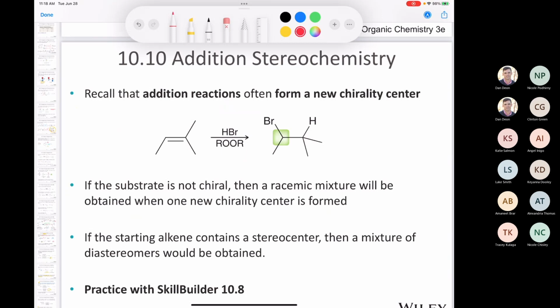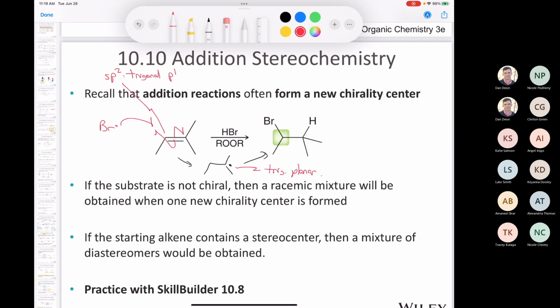We said, okay, if you have the bromine radical, and it adds at the least substituted carbon, like this, I think by now everybody knows that when you end up with this radical, it is treated as if it's trigonal planar. So that means the hydrogen abstraction can occur from either side, and that doesn't even produce a stereocenter. But as far as the addition of the bromine to this carbon, since this carbon is sp2, it's also trigonal planar.